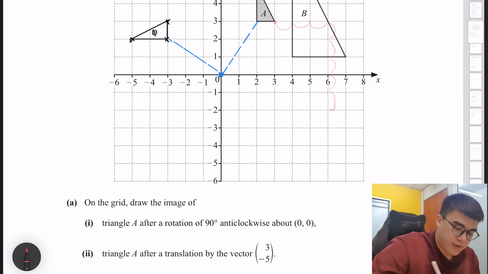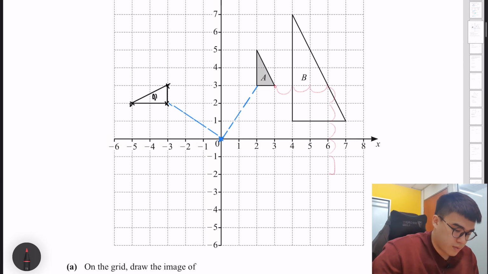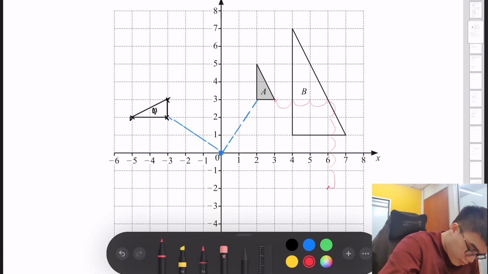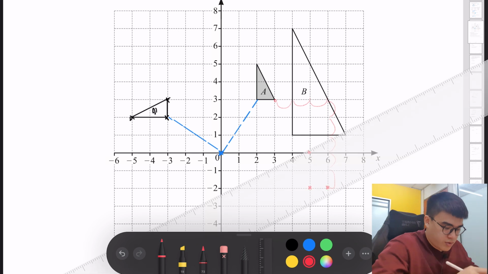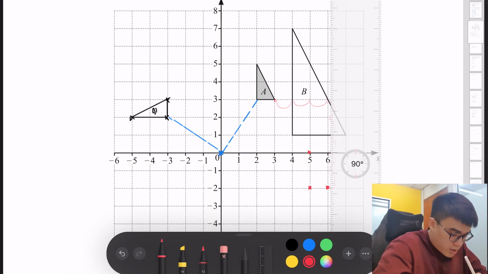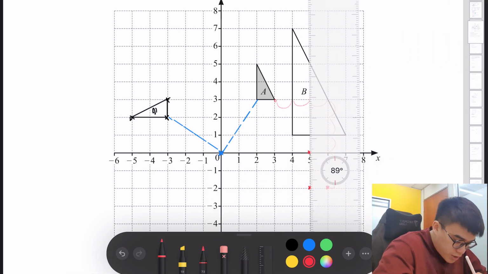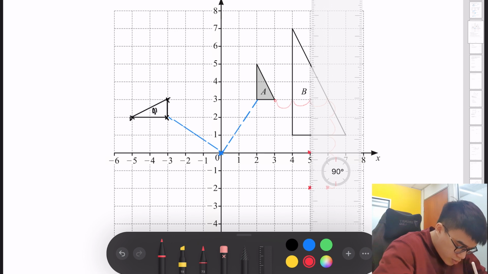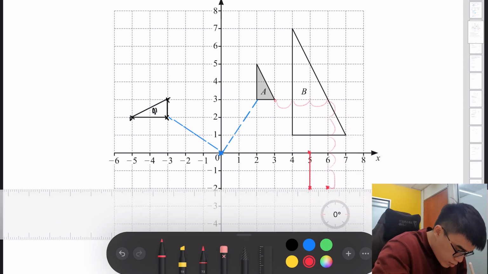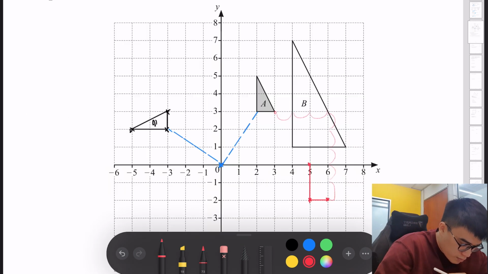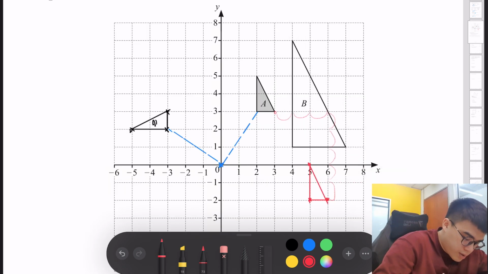So you're arriving right on top of here. This should be the answer after the translation.